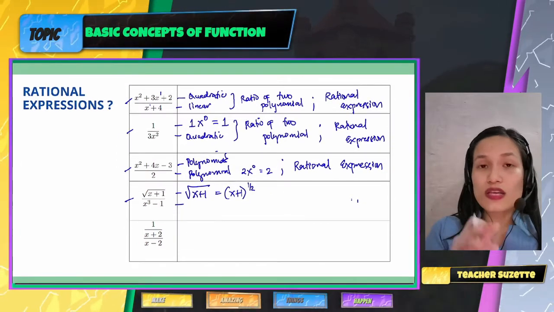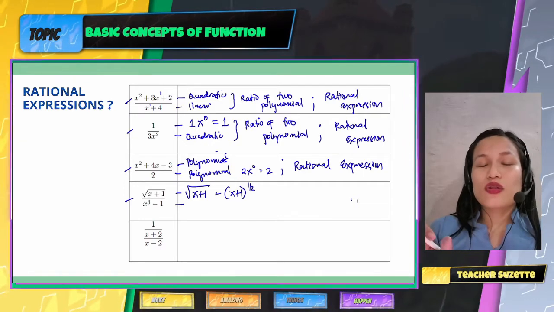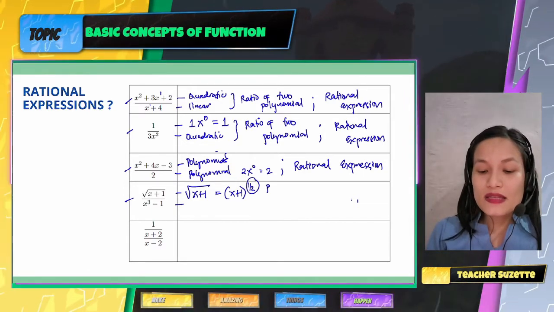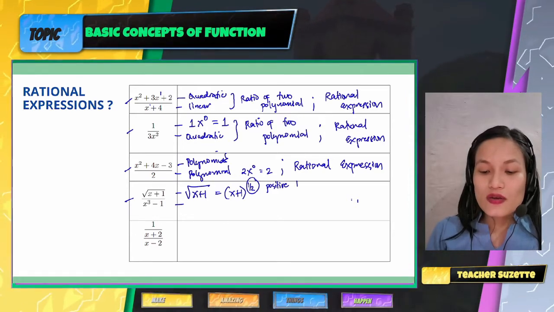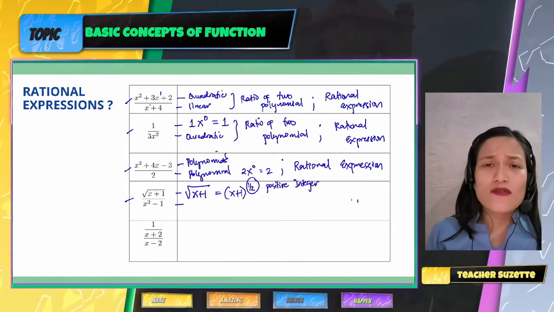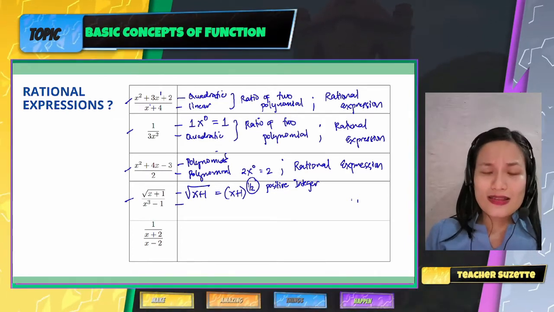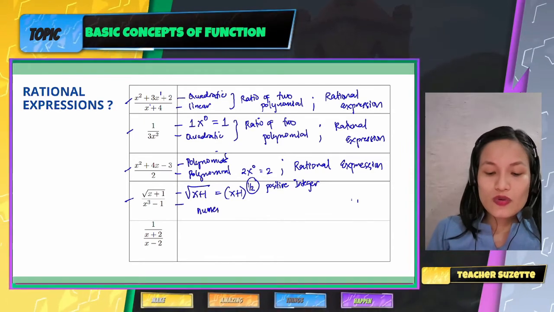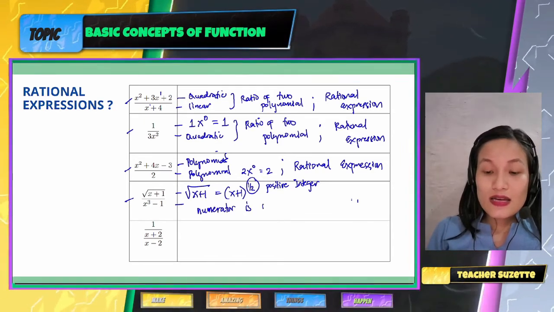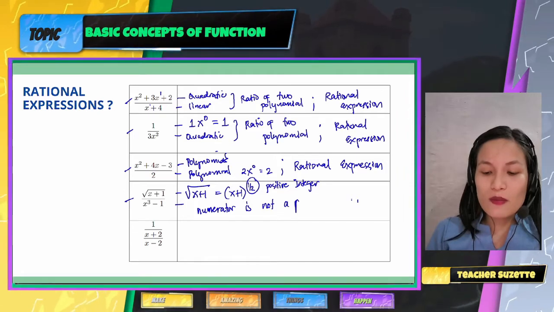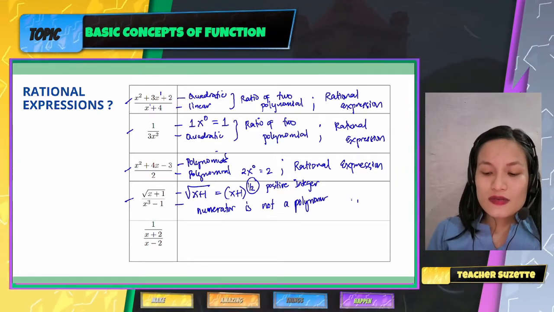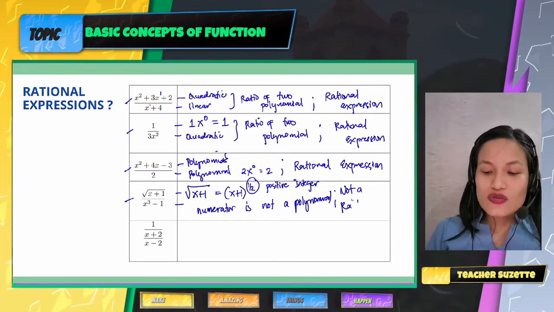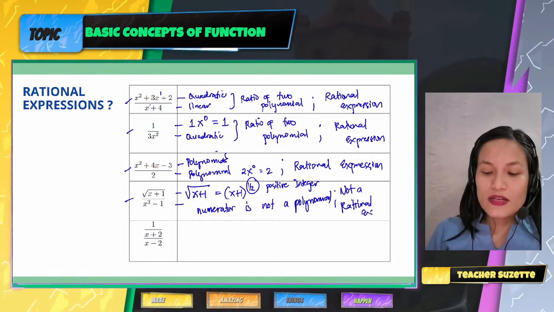And isa po sa ruling ng polynomial is that yung exponent dapat po ay positive integer. However, 1 half is not an integer. So, therefore, our numerator is not a polynomial. So, therefore, you can say that this is not a rational expression.